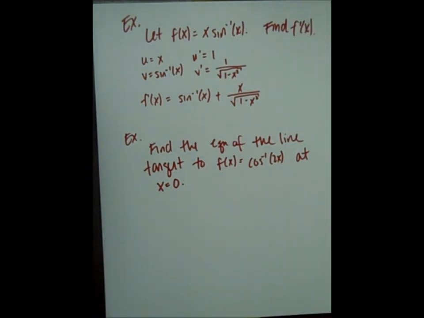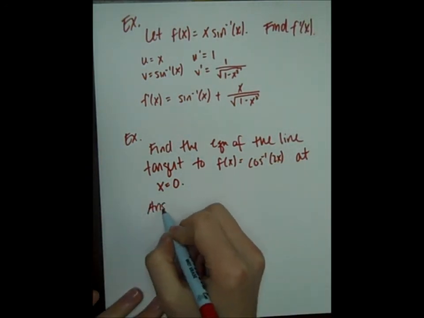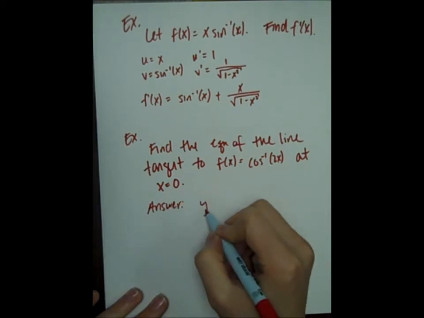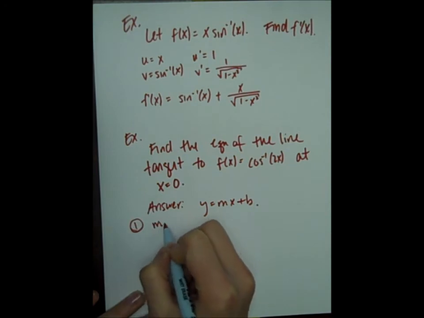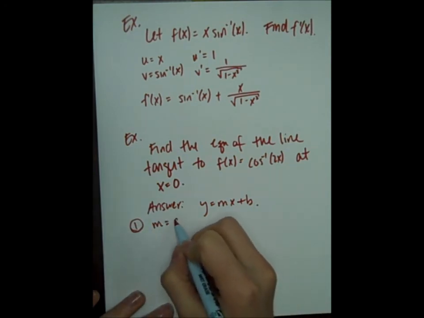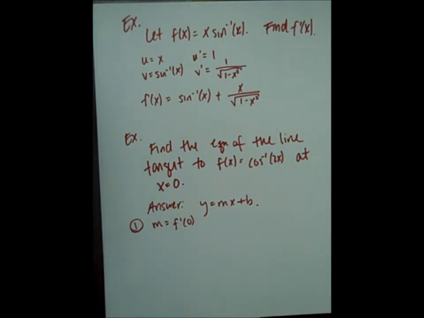Okay, so I'm finding the equation of the tangent line. That means that my answer is going to be y equals mx plus b. First thing I'm going to do is find m. Remember, m is always going to be f prime of whatever value I'm looking at, so I'm looking at 0 here. So I need to find the derivative.